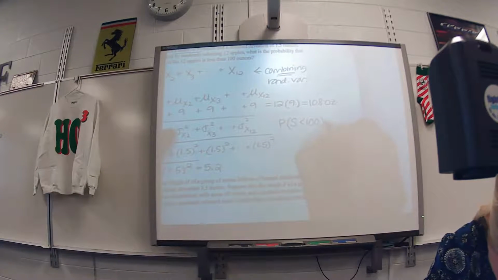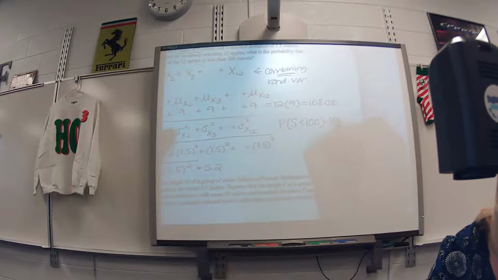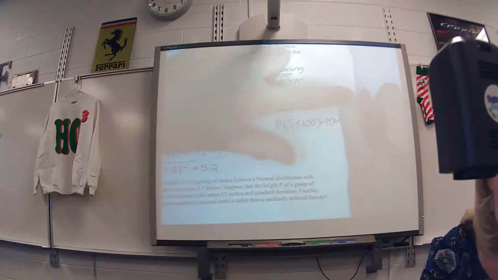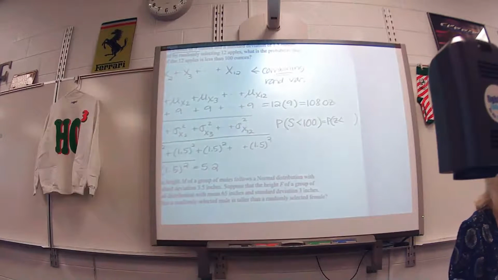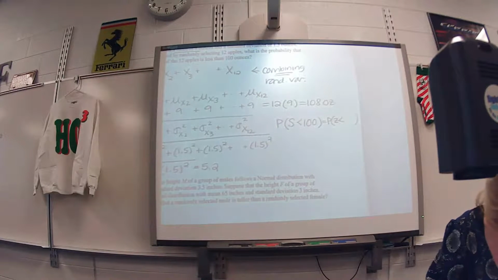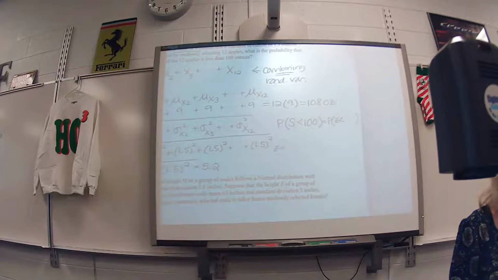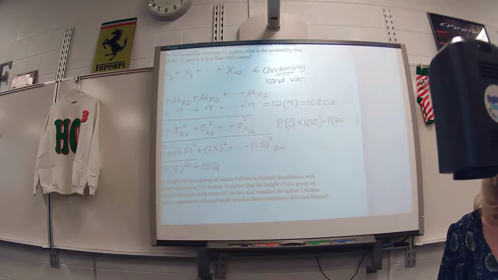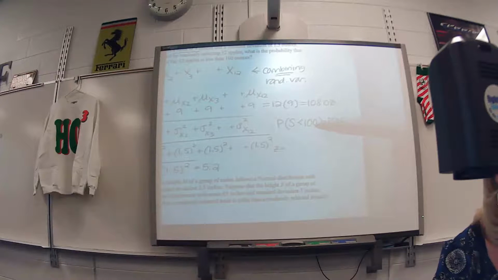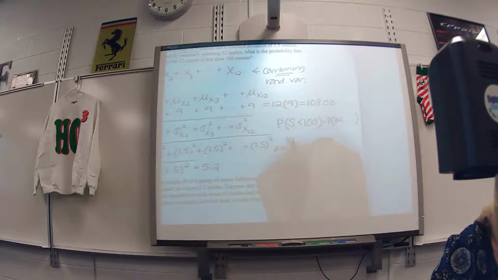I'm going to convert that into what's the probability that z is less than, and now we have to create a z value. This is why symbols and notation become important. I remind people, this is the number you're trying to convert. So that goes right here.